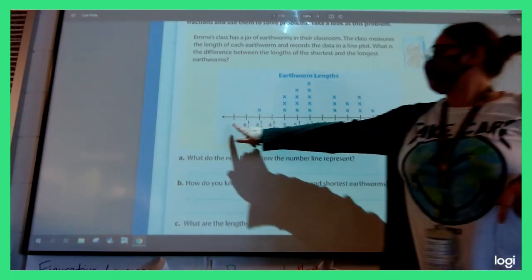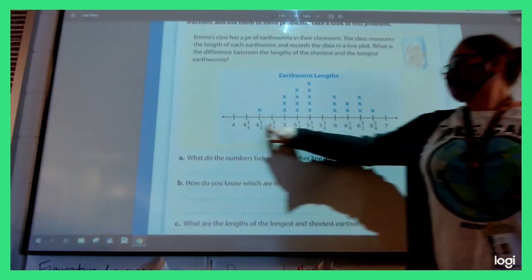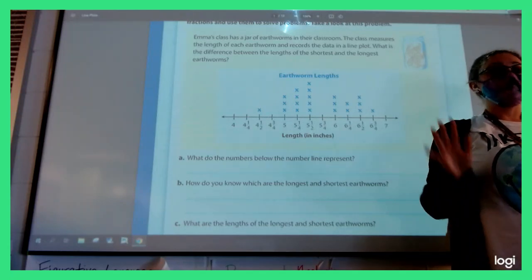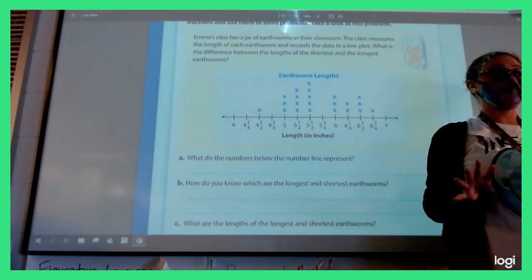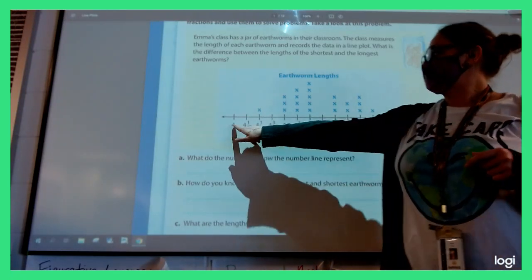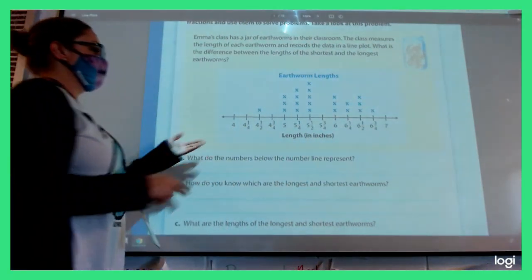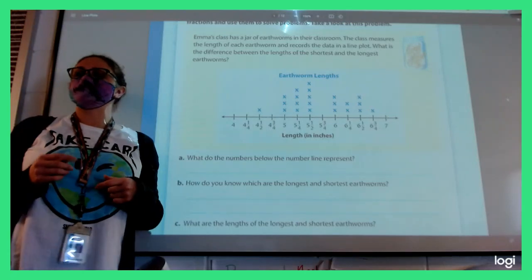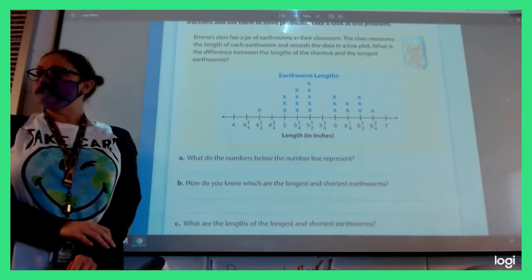All right, now across the bottom, when you were younger, you've done line plots before, but we didn't use fractions. So this is the most important part of 4th grade line plots. I hope everyone's paying attention. We start at 4. Why do you think they didn't start at 0? Because this is important. You have to make your own lines sometimes. Because there is no 0.